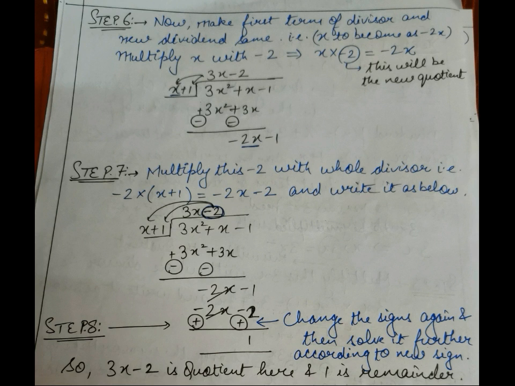The next step is to change the signs, that is, make the opposite signs as we have done earlier. Here both terms contain a minus sign, so we'll make both terms positive. Then after changing the signs, we solve further according to the new signs. After solving, you can see that the remainder is 1.